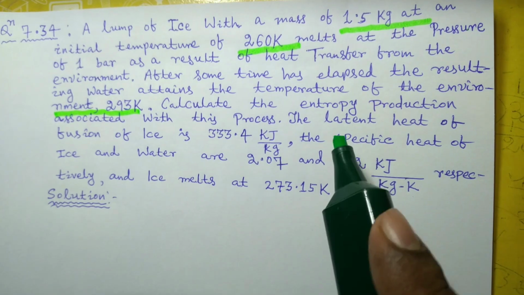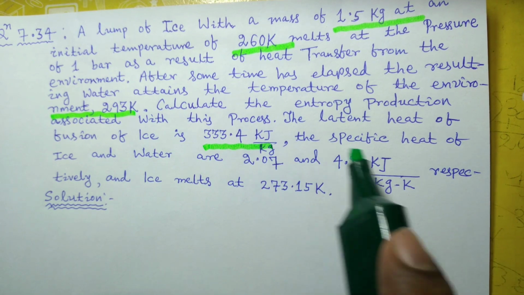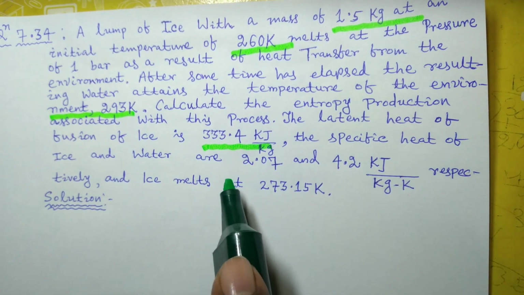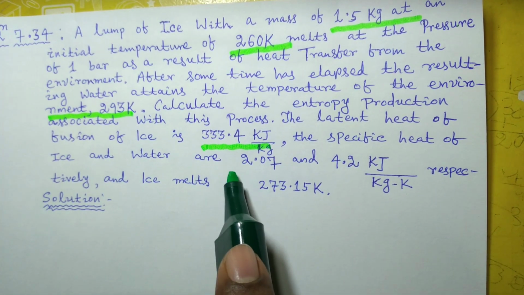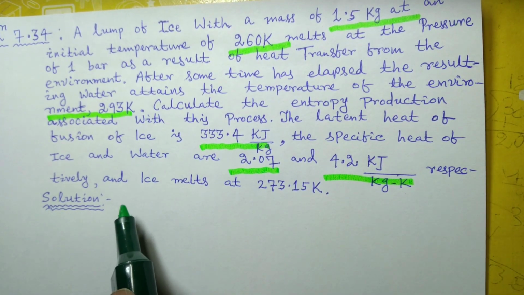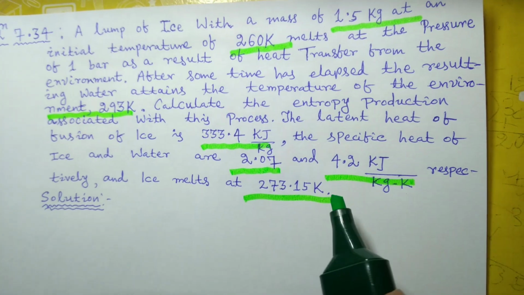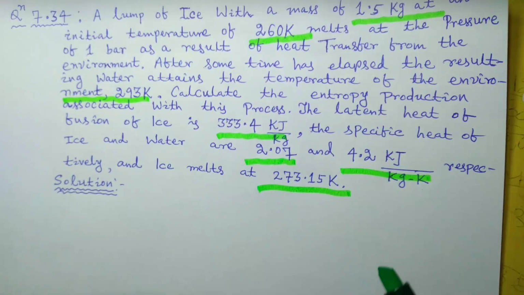The latent heat of fusion of ice is 333.4 kilojoule per kg. The specific heat of ice and water are 2.07 and 4.2 kilojoule per kg Kelvin respectively, and ice melts at 273.15 Kelvin.